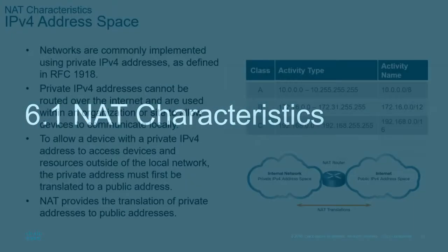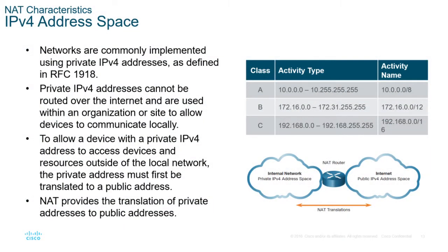Looking at what NAT does, like I said, NAT was developed in order to increase the duration for which we could utilize IPv4. It was essentially a temporary solution for the shortage of IPv4 addresses by creating private and public addresses.